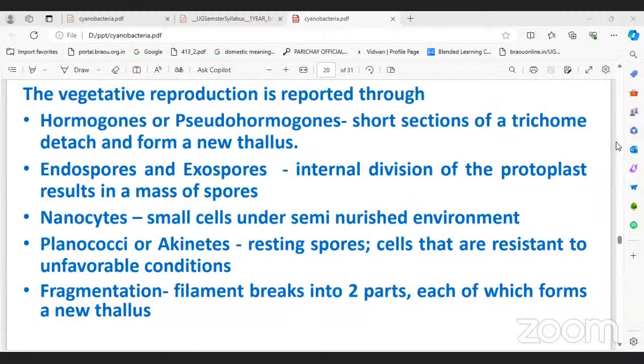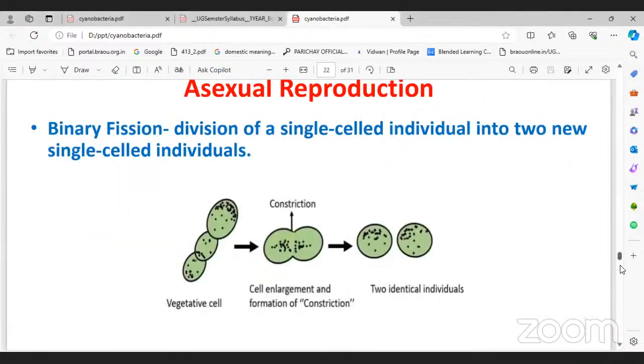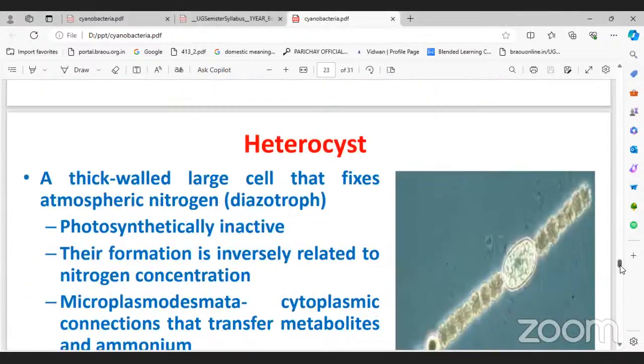Heterocyst is a specialized type of cell. Actually, it is a specialized type of vegetative cell which, when compared with the vegetative cell, is enlarged in size, thick, and photosynthetically inactive.